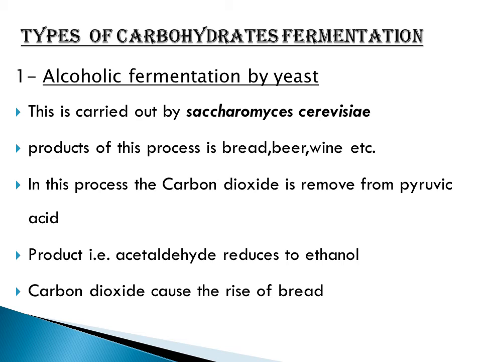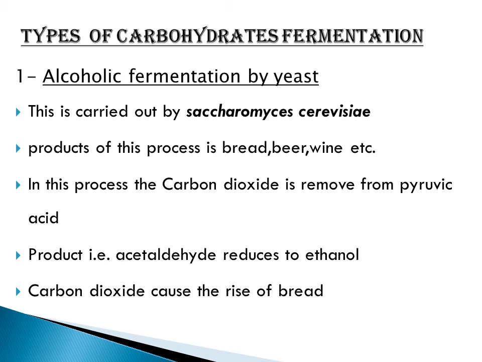In this process, the pyruvic acid is first reduced to acetaldehyde. Then the acetaldehyde is reduced to alcohol. Basically, acetaldehyde is the intermediate step between pyruvic acid and alcohol formation.